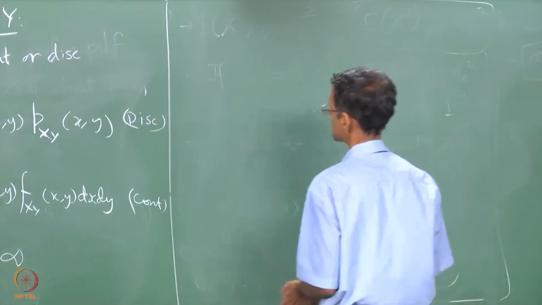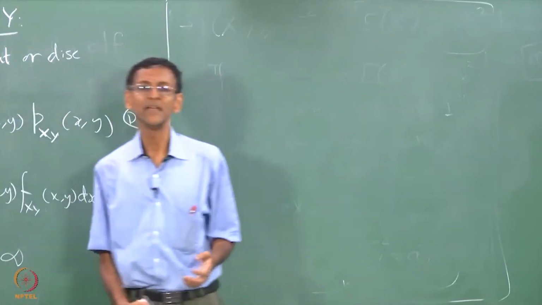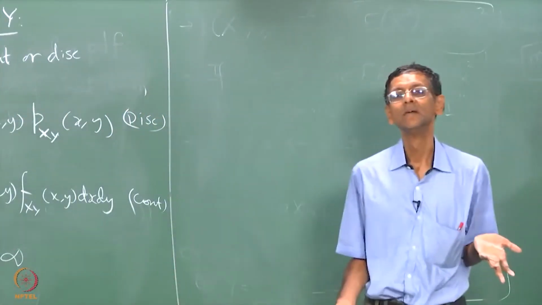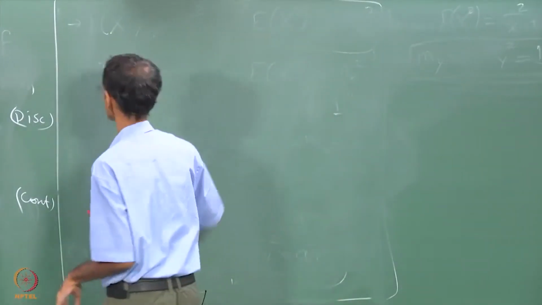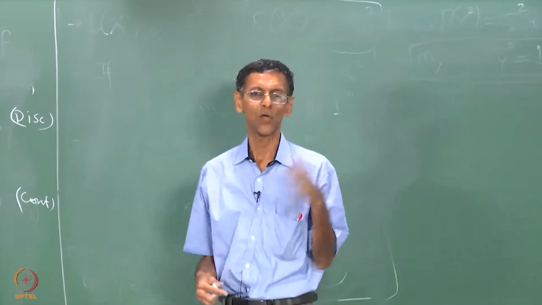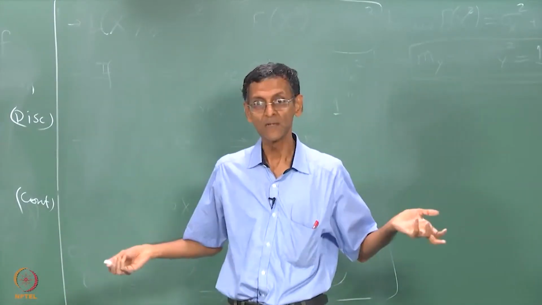So that brings up the question: is this E that we have defined here consistent with the single random variable case? Supposing you have only x, what if g of x, y is x? As we saw in the context of transformations, you can always define g of x, y to be x.